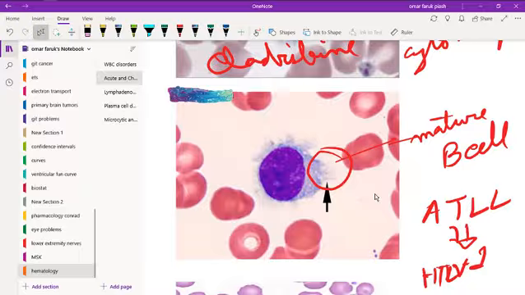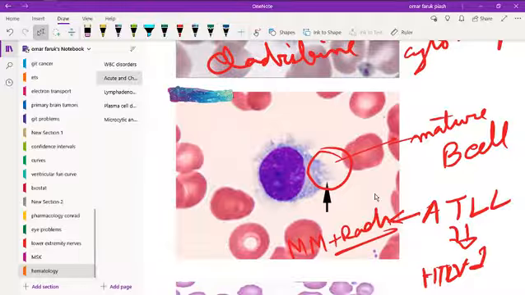This is the virus causing this. In this case, there are features like multiple myeloma plus rash, that means hypercalcemia, anemia, and lytic lesions in the bone. Also there is rash. If you find a patient with these features, then you can confirm that he is suffering from adult T cell leukemia or lymphoma.